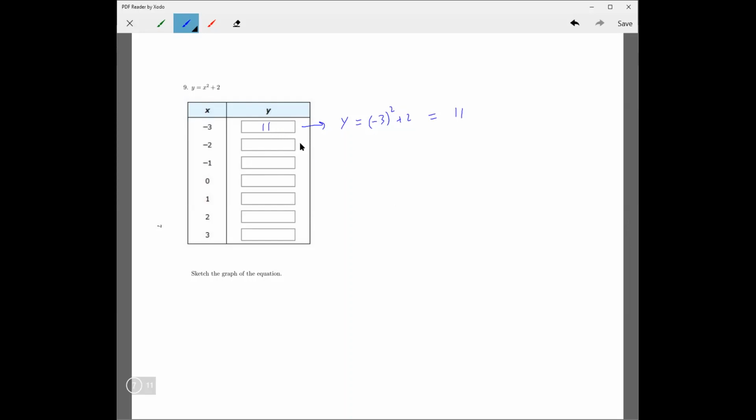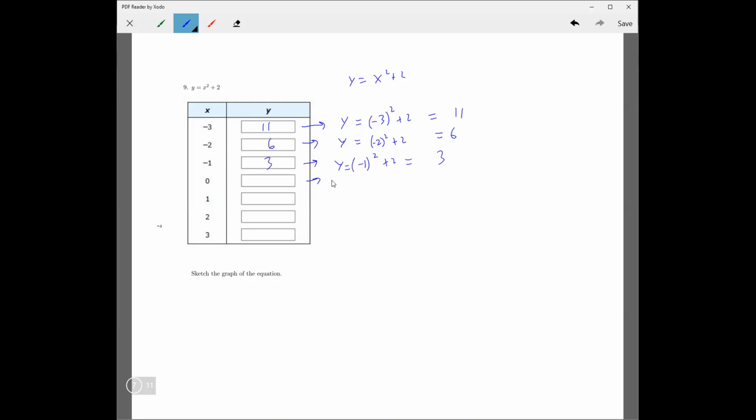And then when you plug in, so here if you have y equals x squared plus 2, if you plug in a -2, that's 4 plus 2, that's going to be 6. So 6 is the answer there. And then if you plug in a -1, you're going to get 3.